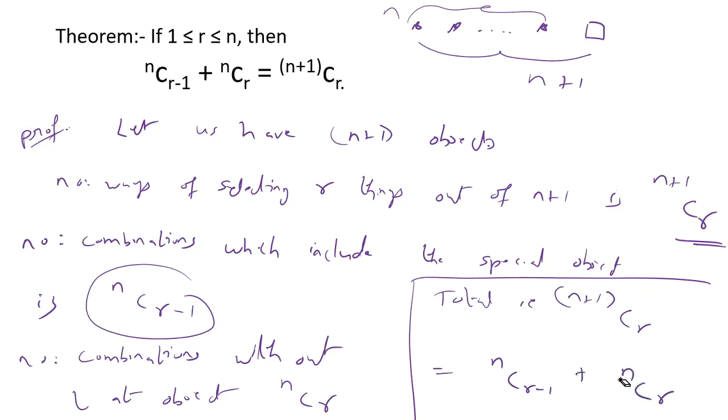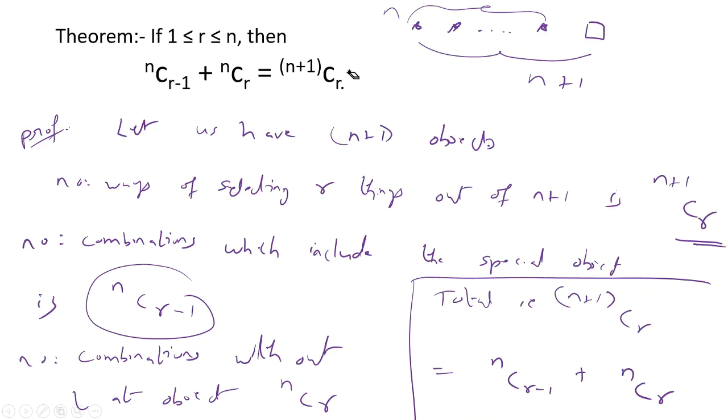Let me explain the result for you. We have n plus 1 distinct objects, and I have to select r objects out of them. I can do this in n plus 1 choose r ways. This is my RHS.